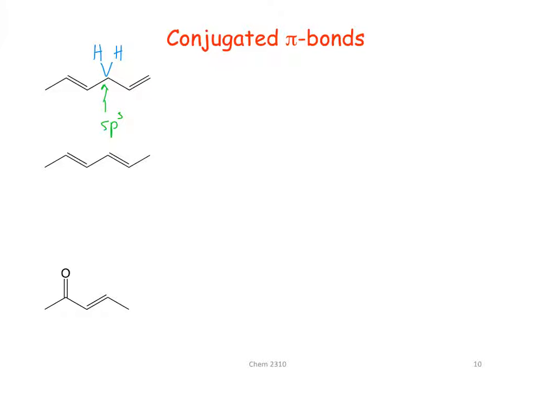No, in order to have resonance, it has to be able to have a p orbital on it. All right, so this we would call an isolated diene. Okay, and so this has no resonance that shares electrons between those 2 pi bonds.